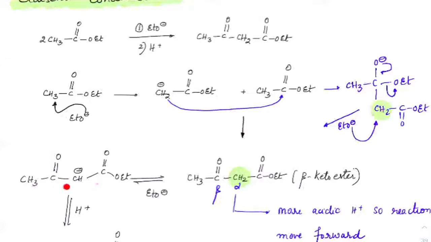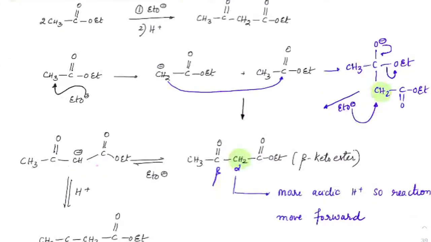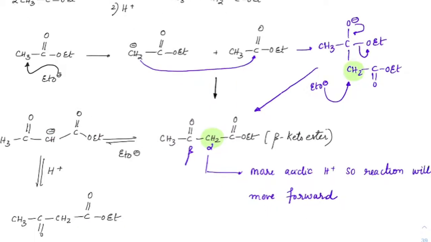Got it? And from here, I will just show the direction, to here. So once you get here, EtO minus is extracting that hydrogen once again. In fact, this will help to make sure the reaction goes in the forward direction. The reason is this methylene is most acidic.